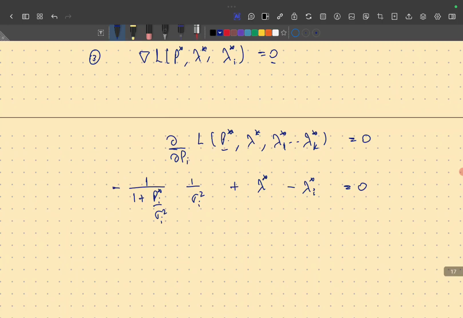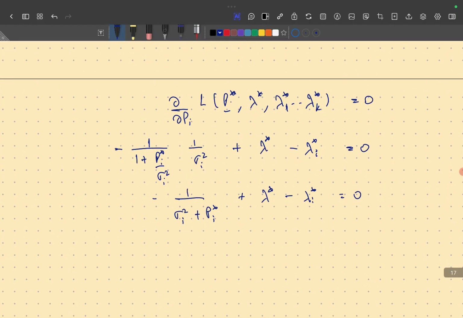So first, if I try to simplify this, I get minus 1 by sigma I square plus pi star plus lambda star minus lambda I star.